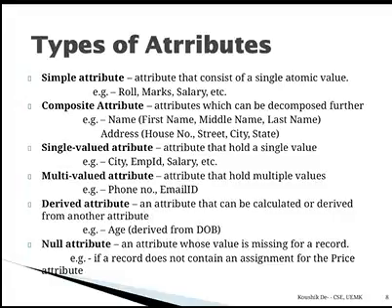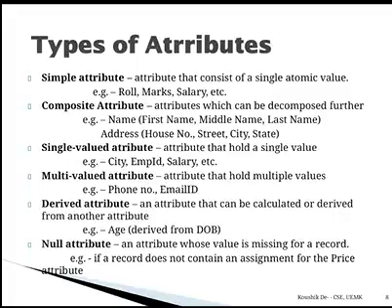Types of attributes: simple attributes, composite attributes, single valued attributes, multi-valued attributes, derived attributes, and null attributes. So these are the types of attributes. A simple attribute consists of a single atomic value.